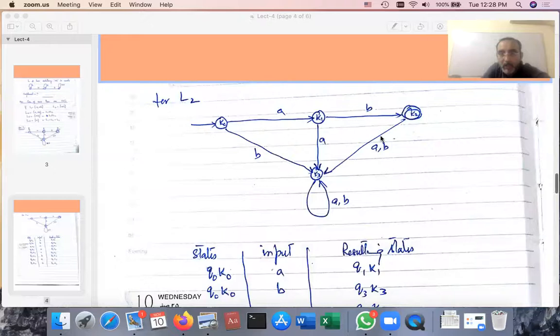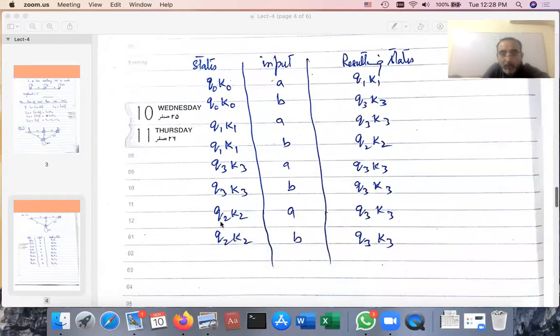And this is K2, after having A, I reach K3. So Q2, K2 on A goes to Q3, K3, and the same is the case for B because there is a pair in those DFAs. This Q3, K3 I have already covered here; all these Q3, K3s are already covered.